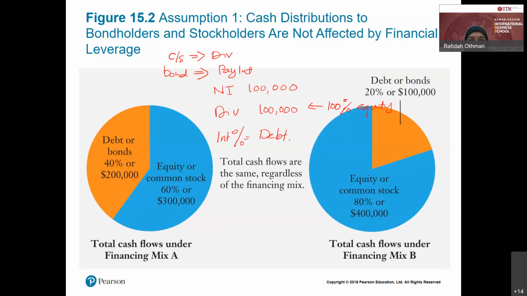Interest meaning that you have to pay that. Regardless of that, you still need to pay interest, and you still need to pay the dividend.